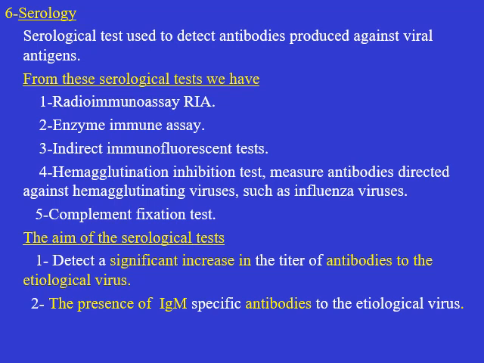All these serological tests aim to: 1. Detect a significant increase in the titer of antibodies to the etiological virus. This can be done by taking 2 samples, 1 sample at day 0 measuring the amount of antibody to the etiological virus, and repeating the test after 2 weeks in the second sample, looking for a significant increase in the titer of the antibodies, in the form of a 4-fold increase.